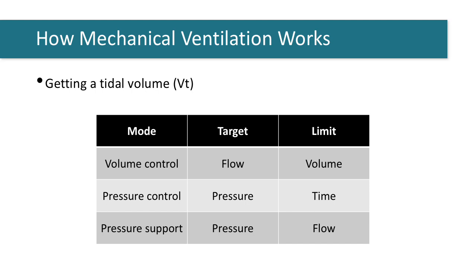In pressure support, when the flow drops to a set proportion of peak inspiratory flow, that's how the ventilator knows to stop the breath. And this gives the patient a little bit more control of the duration of the breath and is therefore more synchronous. This is how the different modes of mechanical ventilation achieve a given tidal volume, the target and the limit.